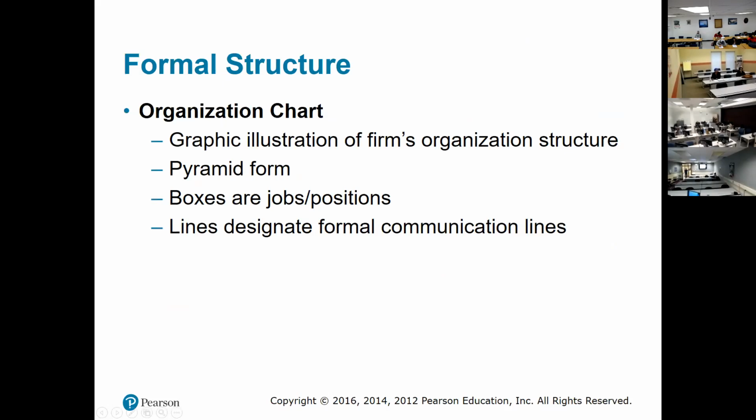So it forms a pyramid with boxes that have jobs and positions in them. Typically on an organization chart, you see the names of the positions, not the people's names. However, at times it may be necessary to fill in actual people's names. The lines that connect the boxes represent the formal communication lines.